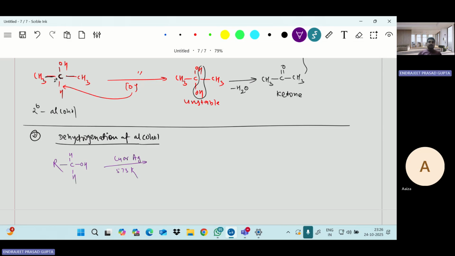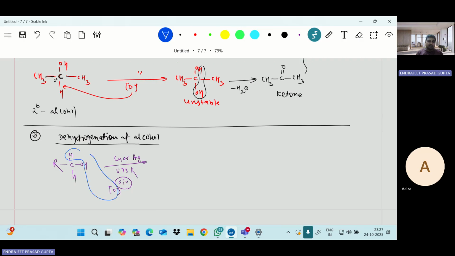Primary alcohols are dehydrogenated to aldehyde and secondary alcohols will give ketone. Here air is also there, so it will provide the oxygen, and that oxygen will form water molecules.